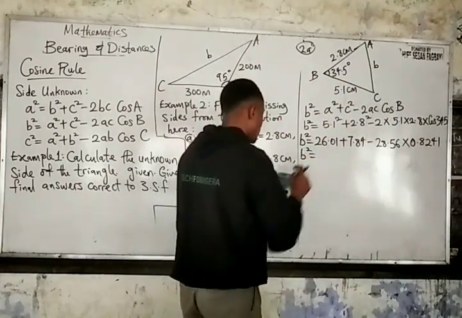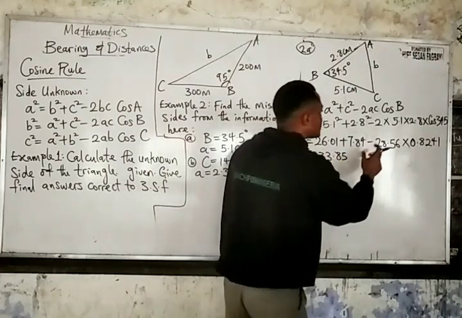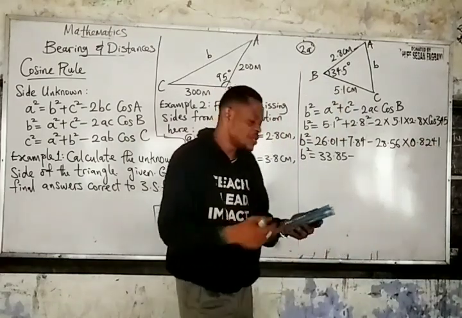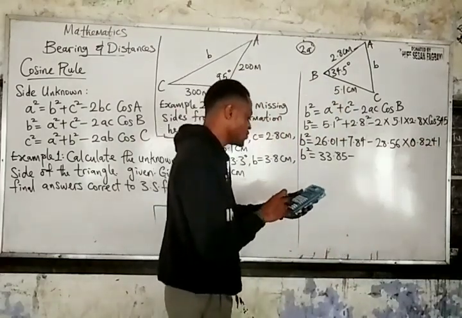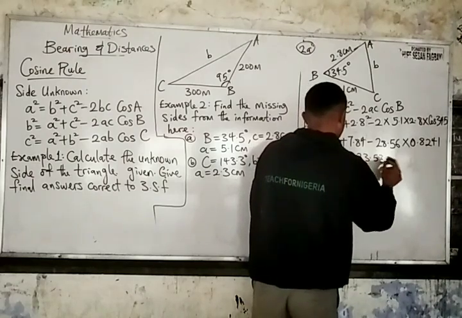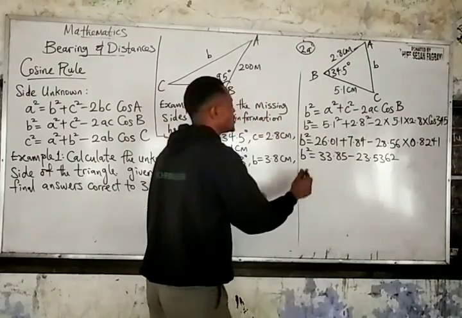b squared equals 33.85 minus, because by the time you multiply these two together, it will still end up to be minus. Now we remove this from this.